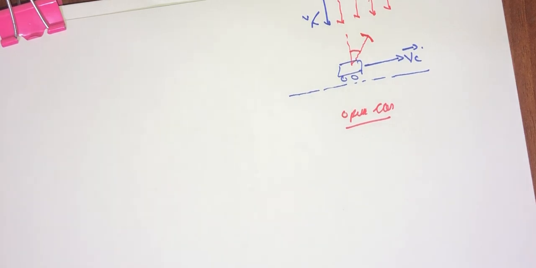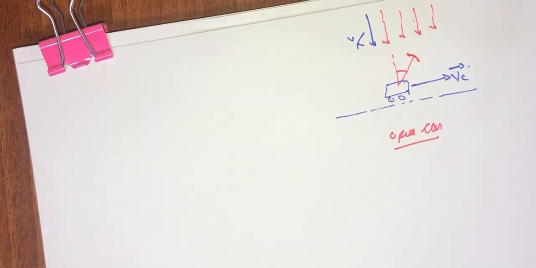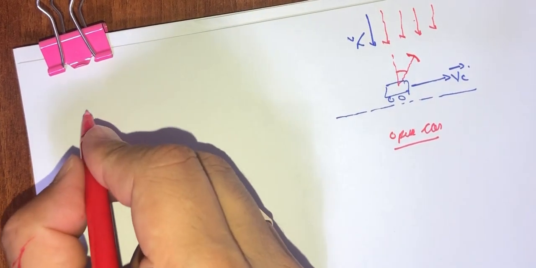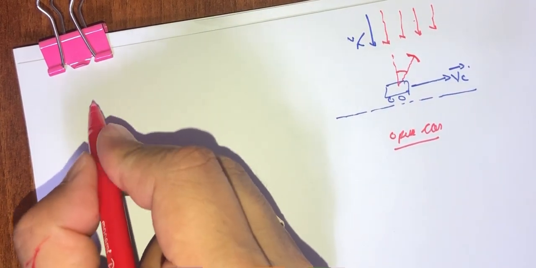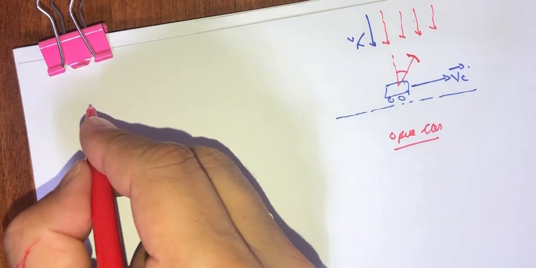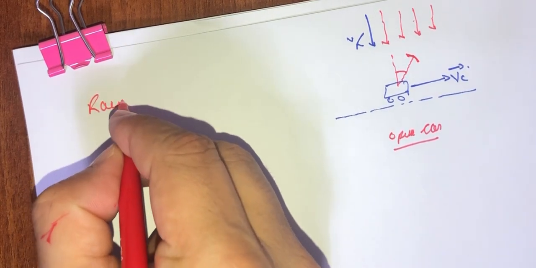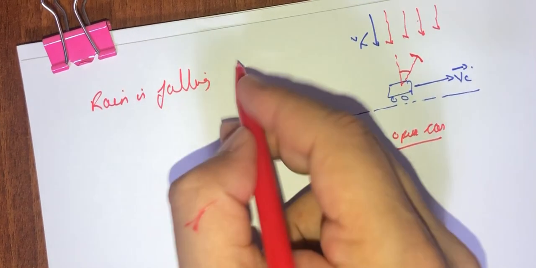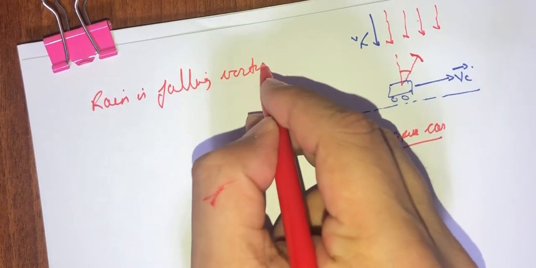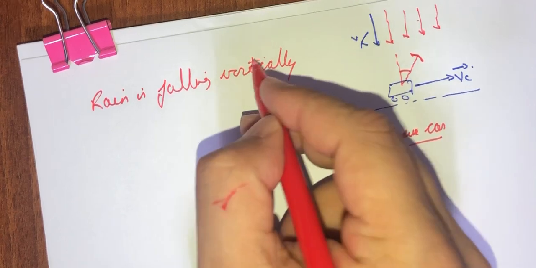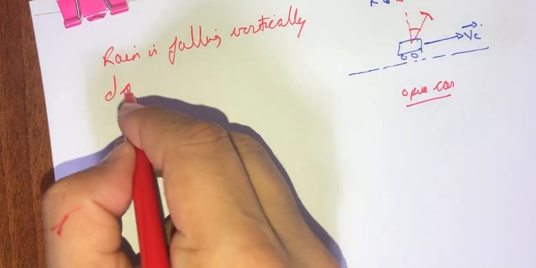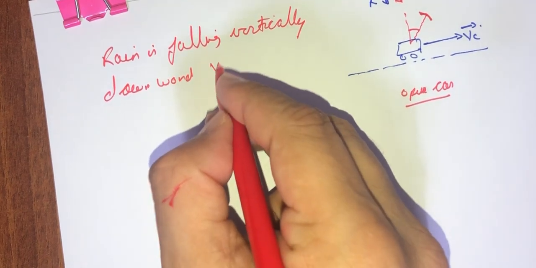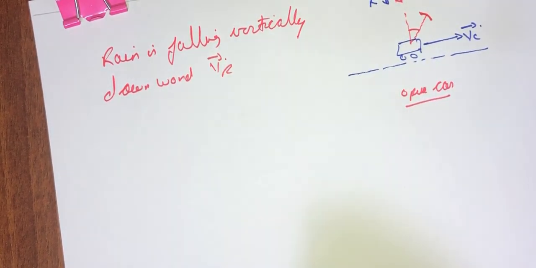So in this case, we find out the same case but in a different way. Rain is falling vertically downward with velocity Vr.